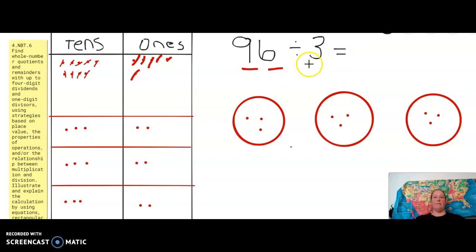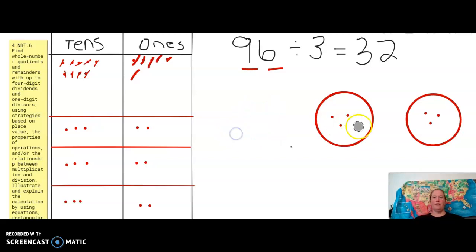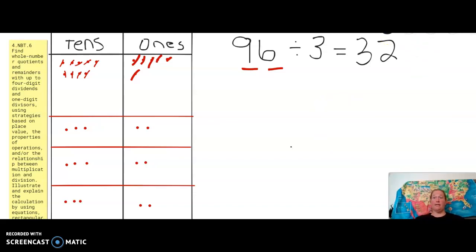So 96 divided by 3, each group has 3 tens and 2 ones, 32. Now what we should do as great mathematicians is check our work. The relationship between division and multiplication is the opposite. So now we're going to multiply to make sure that we got the correct answer.